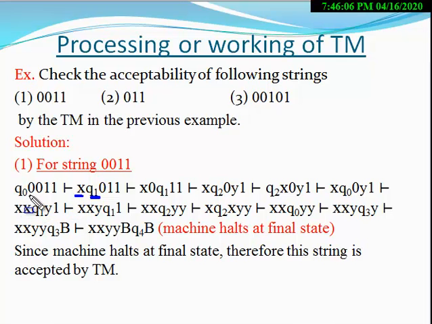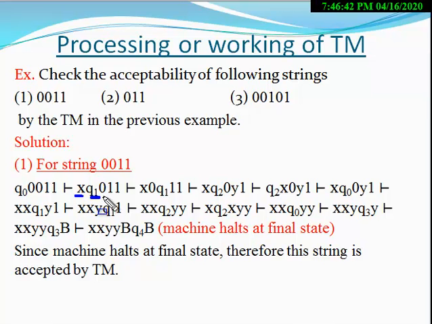At that time the head of the machine, Q0, is to the left of the first 0. When the machine moves to the right direction, the state will lie between 0 and 0. Since the first 0 is replaced by X, the state Q1 lies between X and 0. This is the third action: the machine moves to the right.